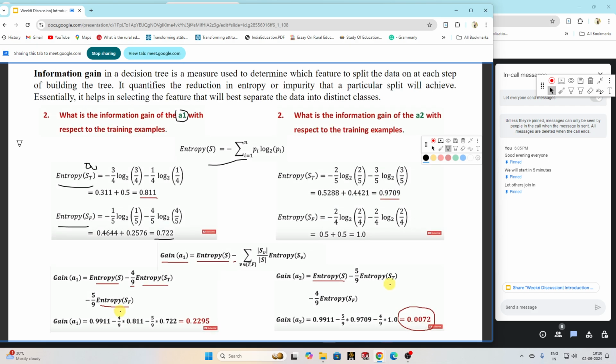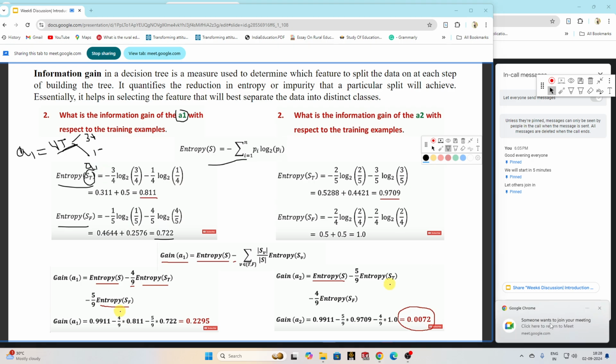So let me write here, for A1 we have 4 true examples, right? But in these 4 true examples, we have two things, 3 are giving positive and 1 is giving negative, right? Out of 4, 3 are giving a positive prediction, 1 is giving a negative prediction. So how will we write our entropy with respect to true, because this is a true case? We are talking about only true.